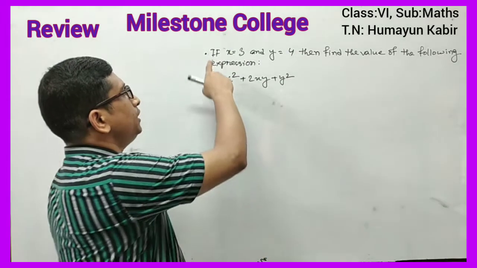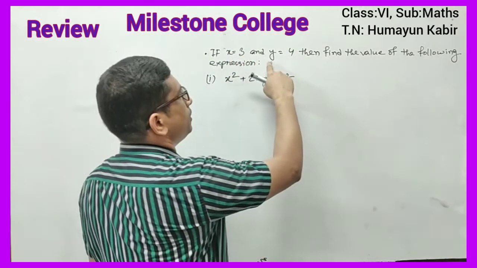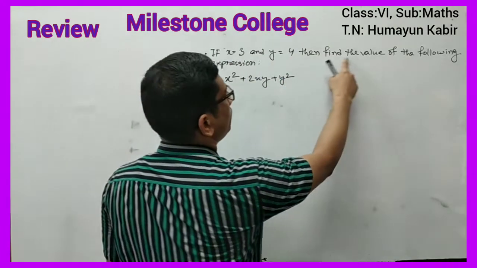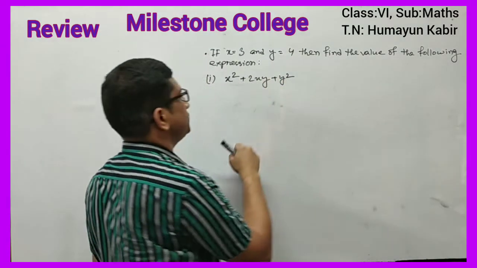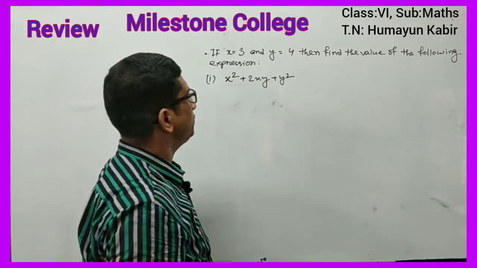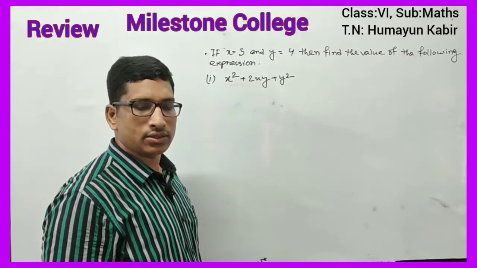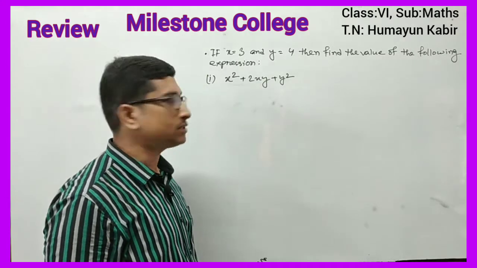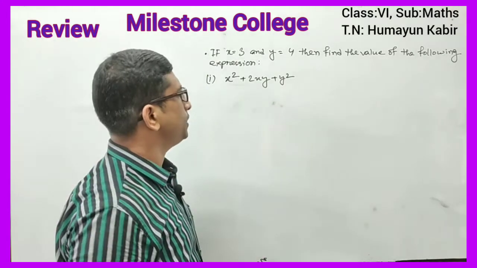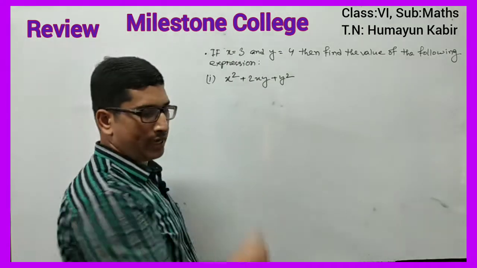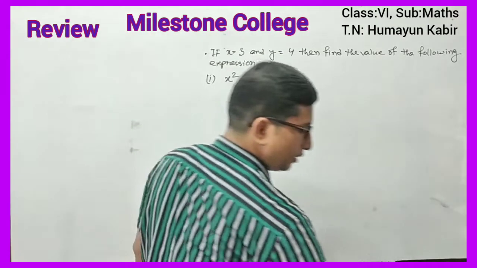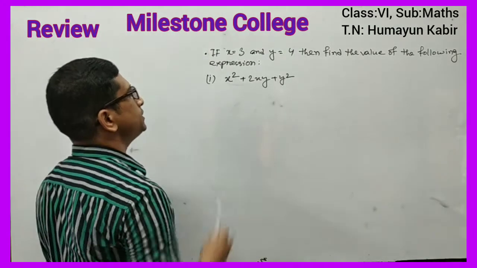Now if x equal to 3 and y equal to 4, then find the value of the following expression. Here this expression x square plus 2xy plus y square, we will put the value of x and y, then we will find out the value of this expression.